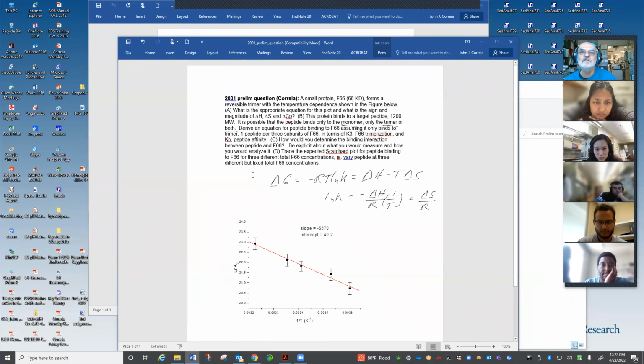Can you think of a way of studying this? A small protein, 66,000 molecular weight, target peptide, so it's a small peptide, it's only 1,200 molecular weight. How would you study that? Anybody?